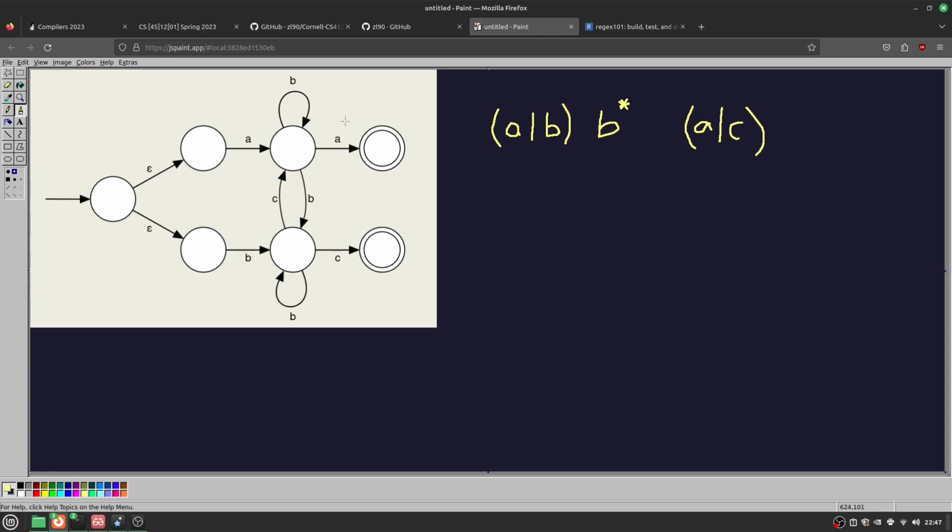If we do C, we cannot reach an end state. Oh, what do we do here?